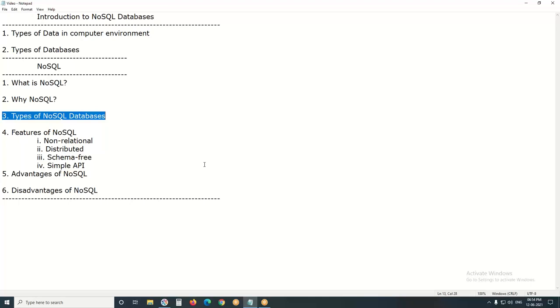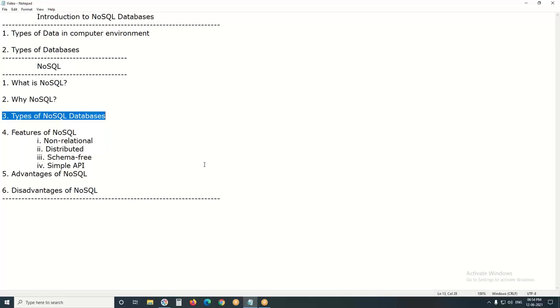One is document databases. Example, MongoDB, Amazon SimpleDB, CouchDB, Lotus Notes are popular document-oriented DBMS systems.